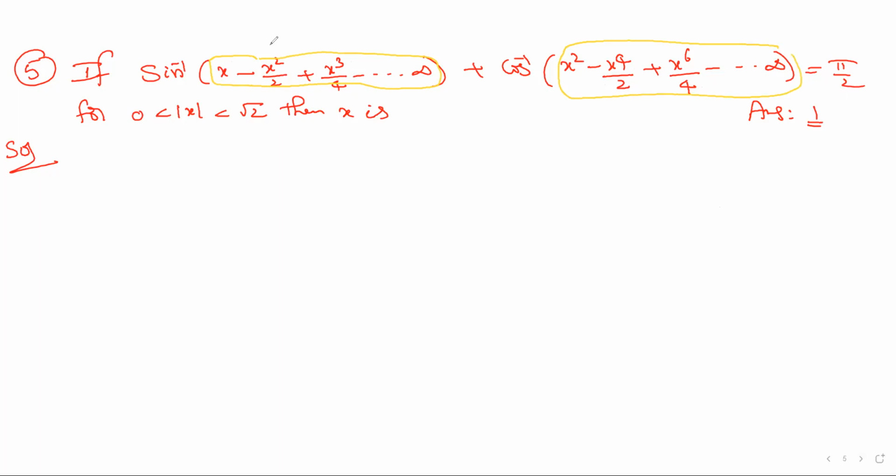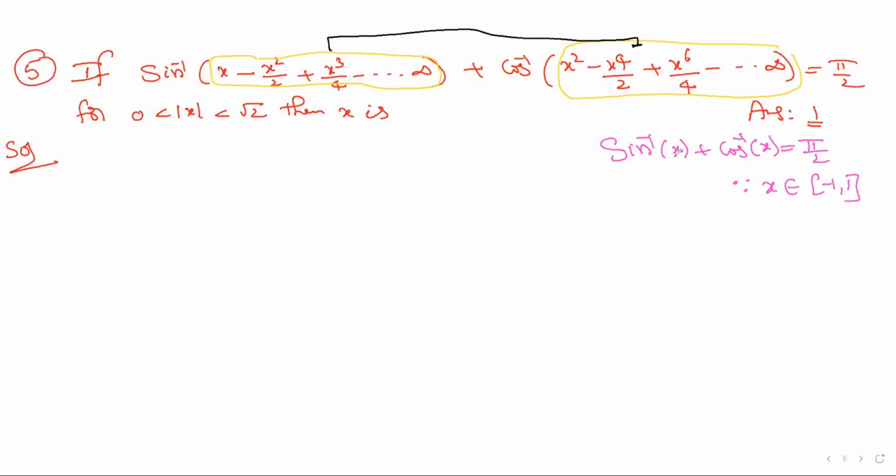Here we have one formula: sin inverse x plus cos inverse x is equal to pi by 2, where x belongs to minus 1 to plus 1. Here, in the statement, sin inverse of this function plus cos inverse of this function is equal to pi by 2. 100% these two functions are equal.